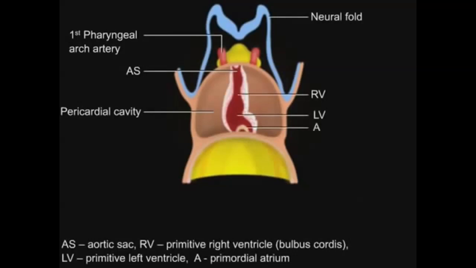It's good for us to remember what is an artery and what is a vein. An artery is a vessel which goes out from the heart, and veins are the vessels which go toward the heart, which carry the blood to the heart.